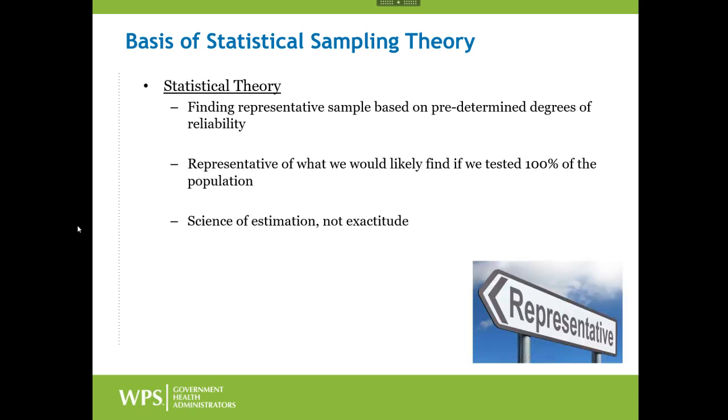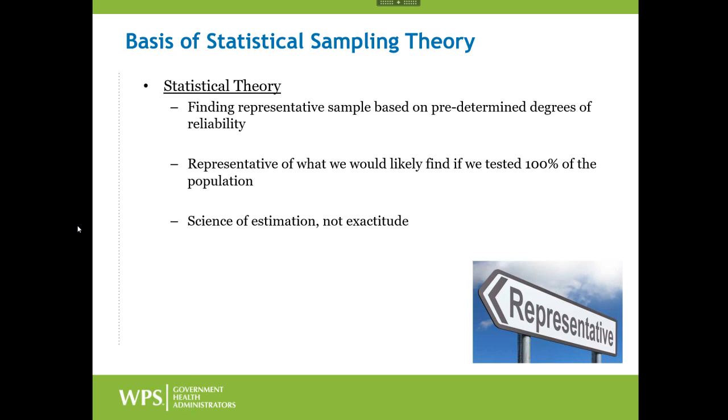So we're not going to focus on the randomness because that's, again, just computer-generated, no main issues there. But it's statistical theory we're going to focus on here for just a little bit. And the idea is that the auditor needs to find a representative sample based on predetermined degrees of reliability. And the whole idea is that that sample, whether it be 5, 10, 100 units, should be representative of what that auditor would likely find if they tested 100% of the population.